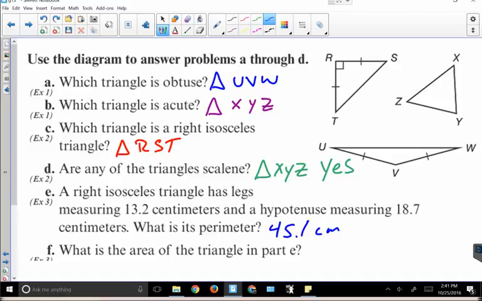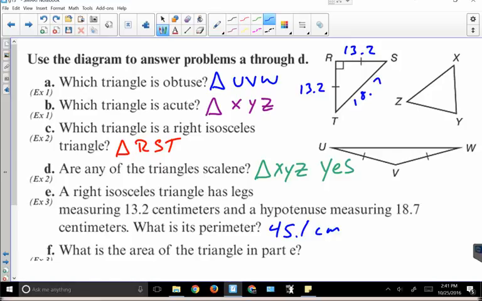And it says legs. Legs, when it's plural like that, it implies more than one, right? So does that mean that this side here is 13.2 and this is 13.2? Is that true? I mean, sure. Okay. Does that mean that this side here is the 18.7? Okay.